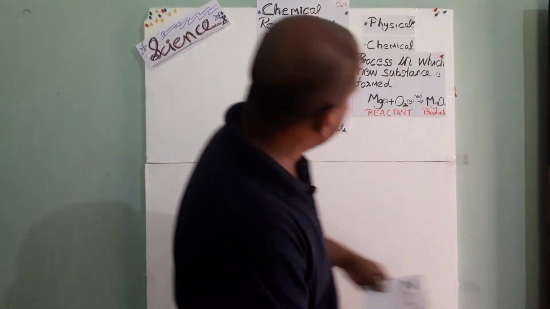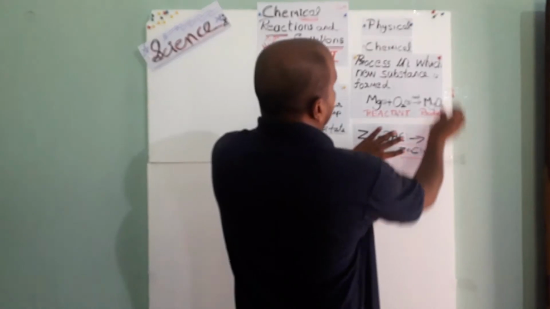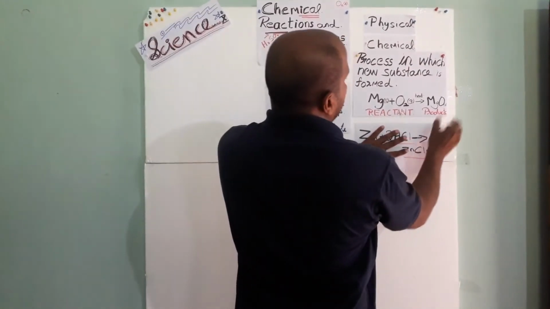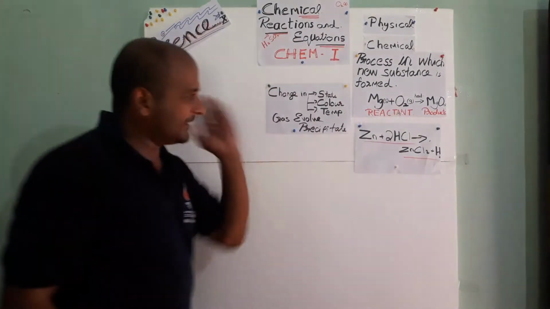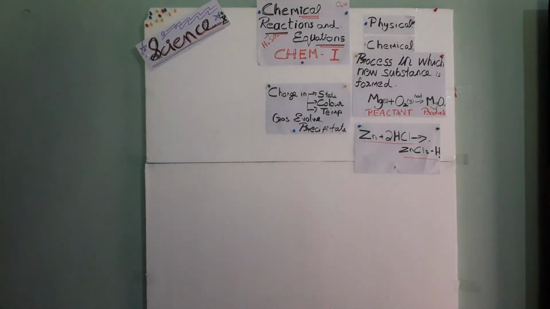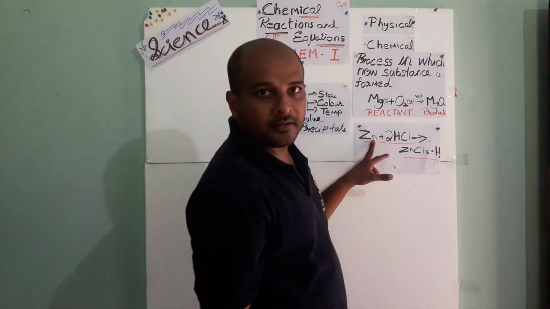So another equation is there. Try to understand this one. Can you make a sentence from this equation? Just try. We have an incident. What is incident? I hope it is zinc.